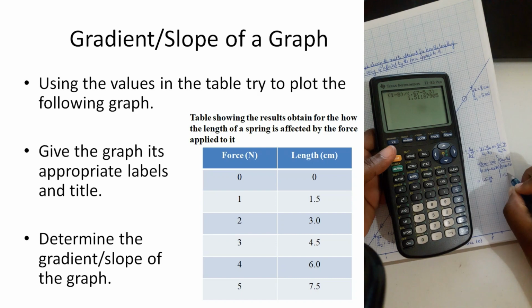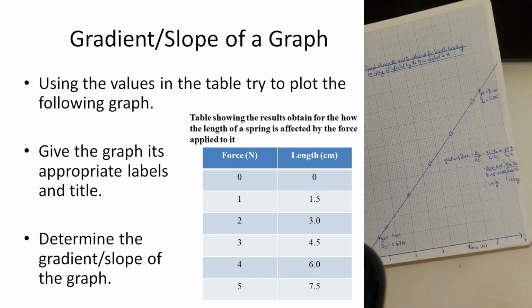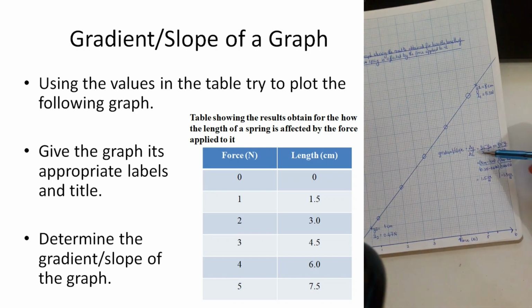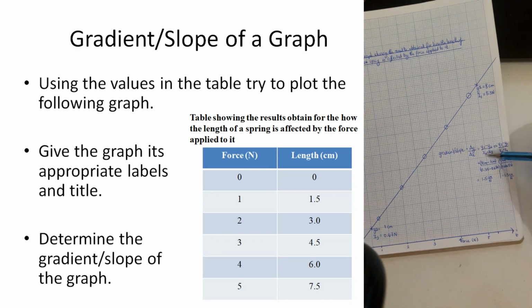And you see, both of them are the same. So just remember, if you're doing your calculations, if you start with 1 on top, you must start with 1 down below. So y1 minus y2 over x1 minus x2. You can't say y1 minus y2 over x2 minus x1. You get the wrong answer, okay?